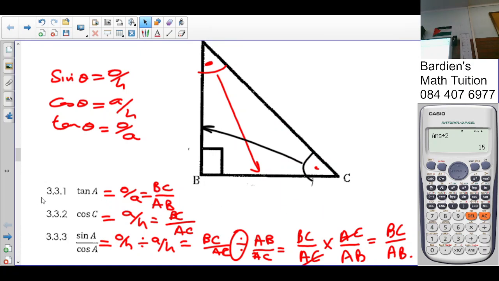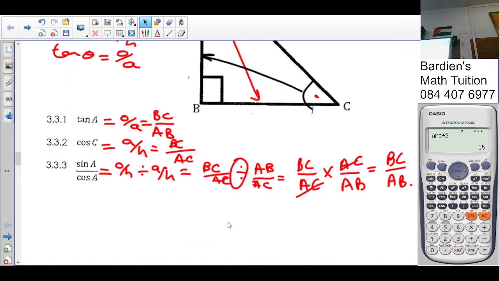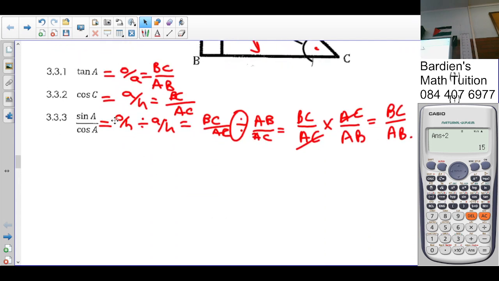So what do you notice about 3.3.1 and 3.3.3? The same answers. So what can we say in conclusion? The question was tan of A. Of course, tan of A is BC over AB.